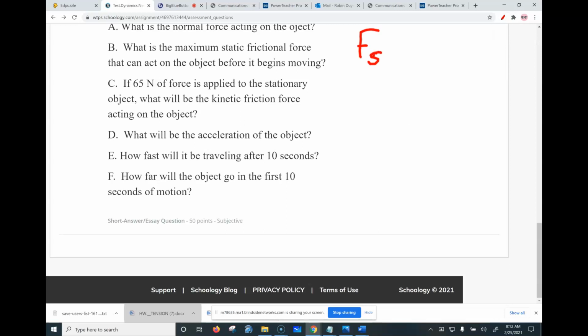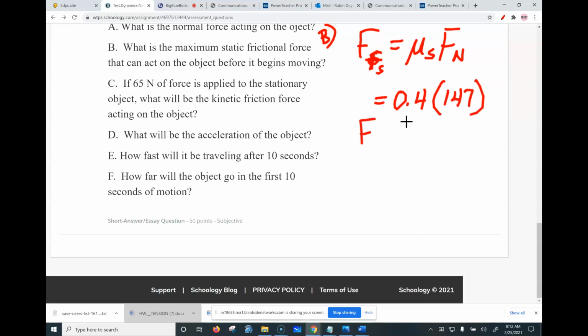Static friction, well, friction I think we called it, is going to be mu times Fn. So my frictional force, you can put a little s there if you want to keep track of it, but this is part B. My mu s was 0.4. My normal force was 147. So my maximum static friction is 58.8.